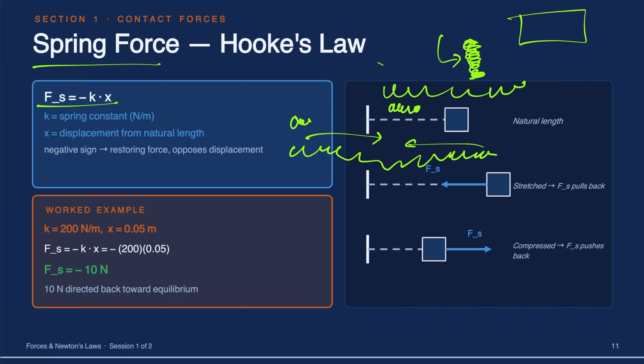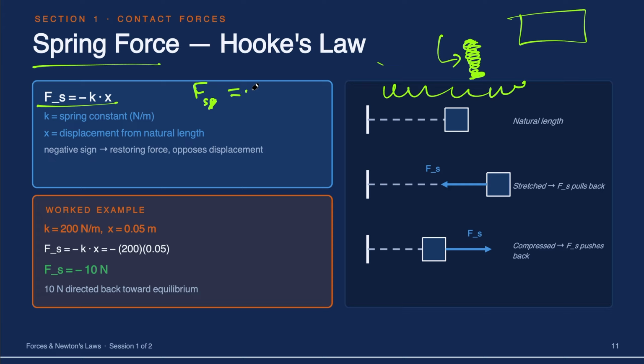And how is this represented in an equation? It's represented as Fs, or force spring, but you can just write Fs is equal to negative kx. k is just a constant that differs from spring to spring, right? Some springs might be more compact, some might be more stretchable, just a constant. And x is the distance from equilibrium.